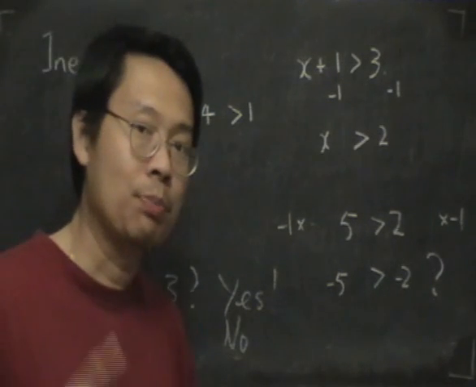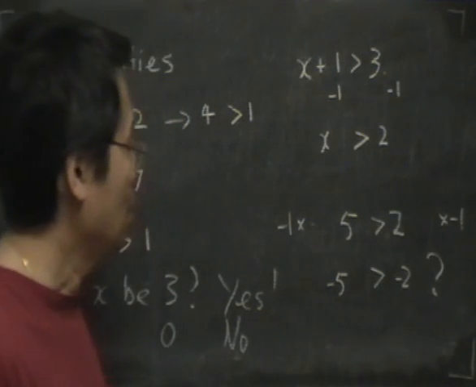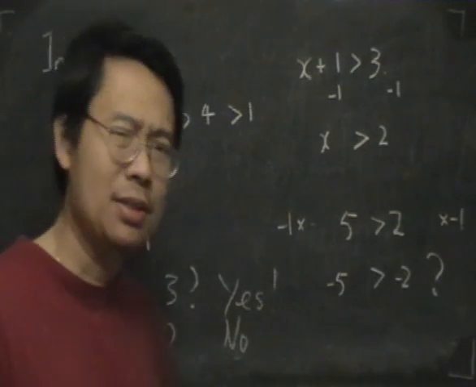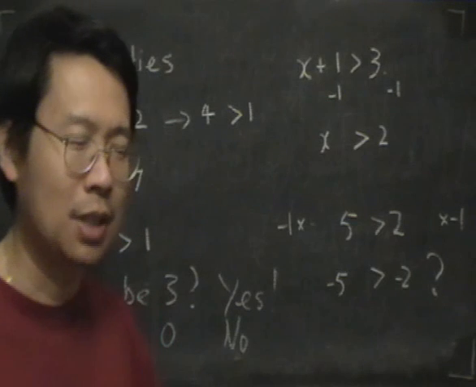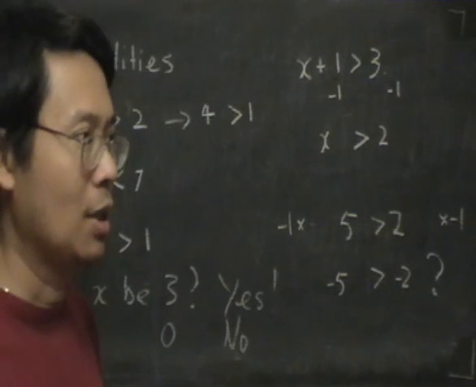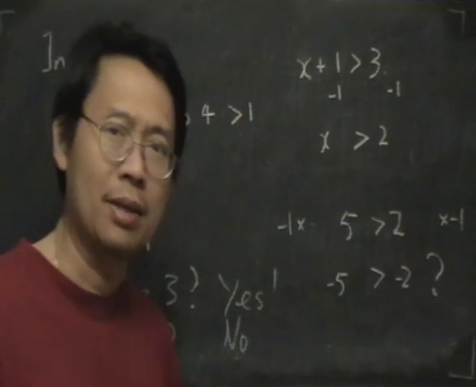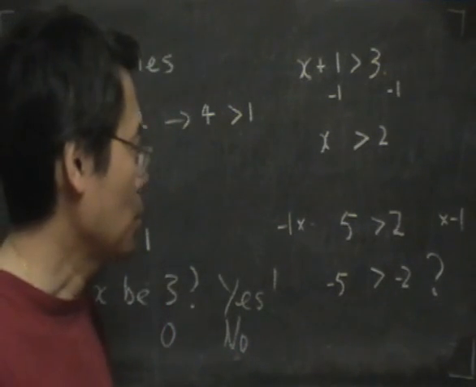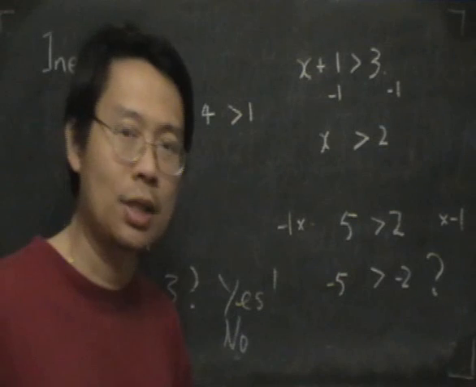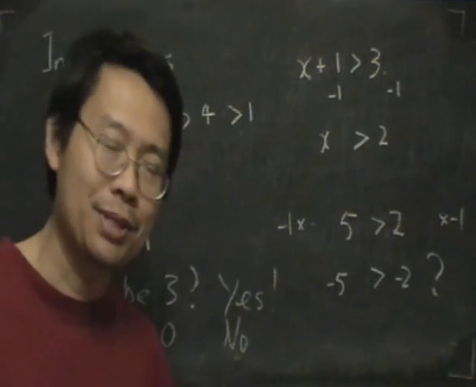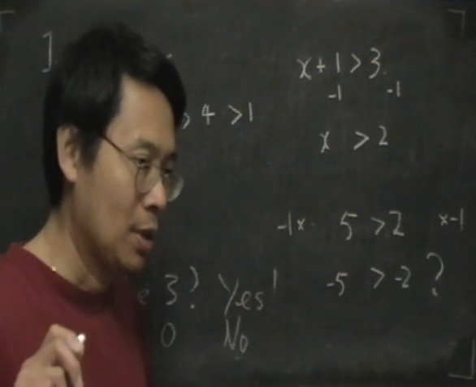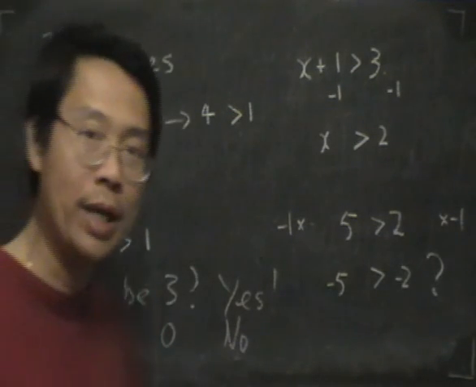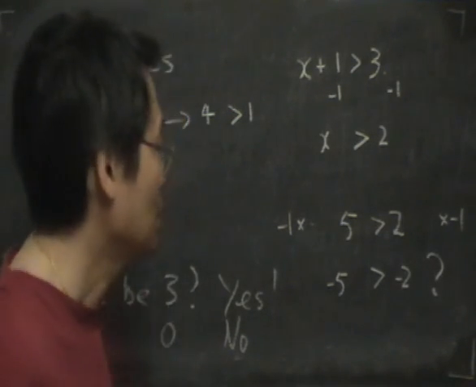You can't, because minus 5 is less than minus 2. Now negative numbers are always slightly more tricky to compare, to know whether one is bigger than the other. So if you're still struggling with negative numbers, let me suggest one way to think about it.